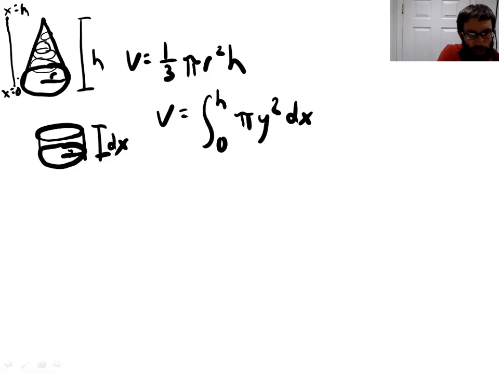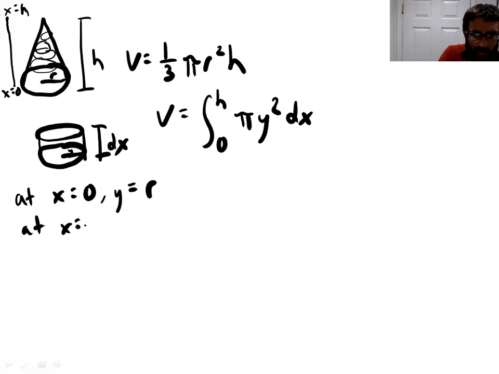So what do we know about x? Well, we know that at x equals 0, y equals r, because at x equals 0 we're at the base, so the radius of the circle is r. At x equals h, y equals 0.